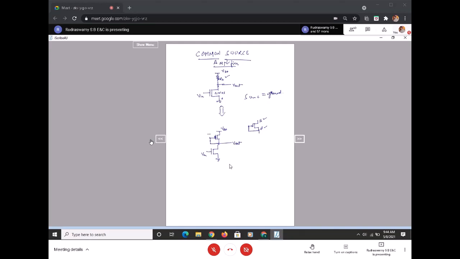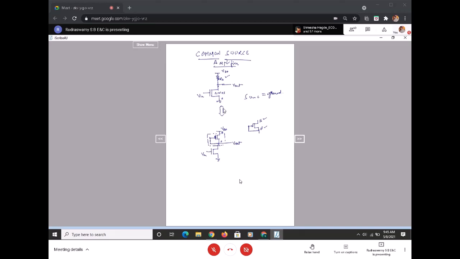Now whatever the transistor I have on top of the NMOS is a two terminal device because gate and drain are shorted. So I have one source that is connected to VDD and the drain that is connected to Vout, that is nothing but the drain of NMOS. Now this is the dynamic load that we will try to see.